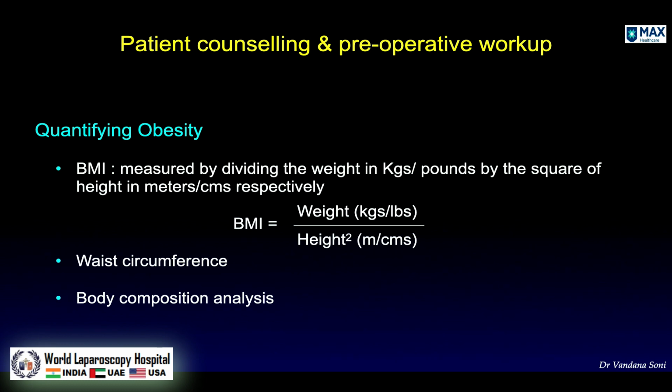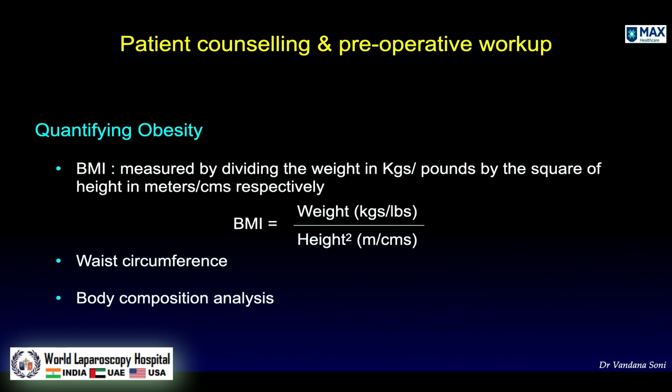To measure that, the body mass index is the standard parameter used globally. It is not very accurate because bodybuilders will also have a very high BMI, but for them the lean body mass is higher in proportion.